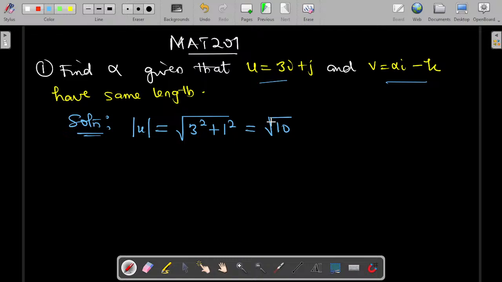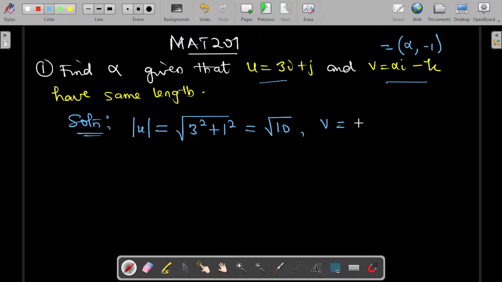Okay, so now we have gotten that the length of u is root 10. So let's try to get the length of v. Should I allow you to do that? The length of v, if you watch, you will see that the coefficient of i is missing, so if you want to write this in bracket form, it will be (alpha, minus 1), and it is that alpha that we are looking for.